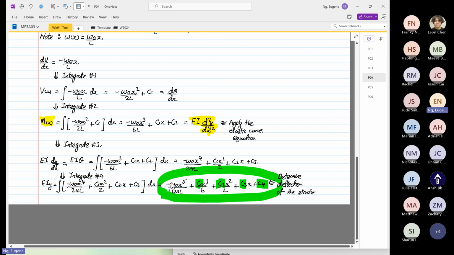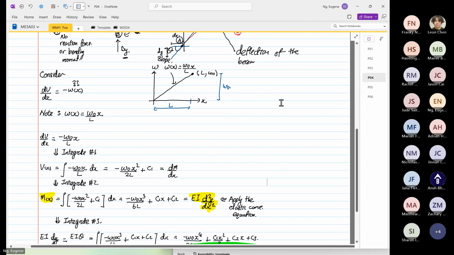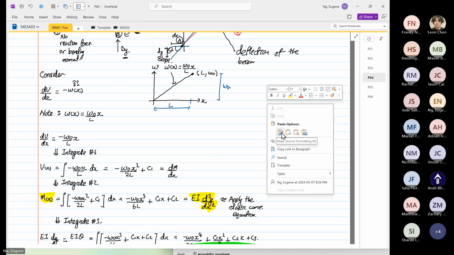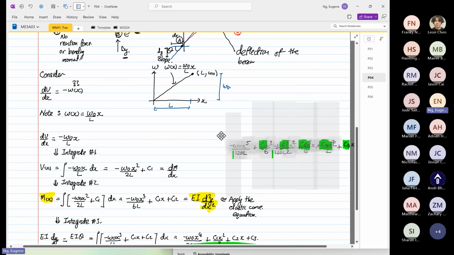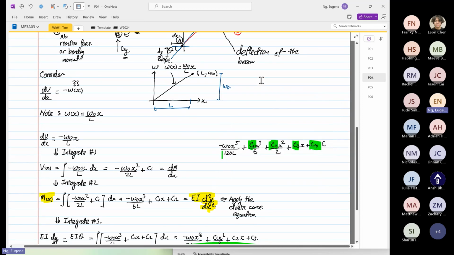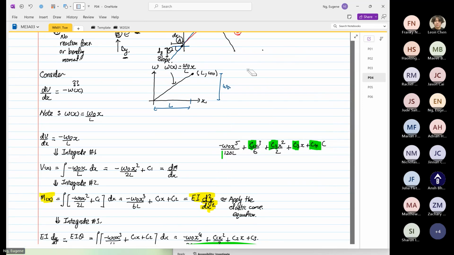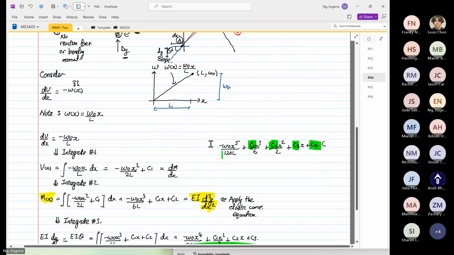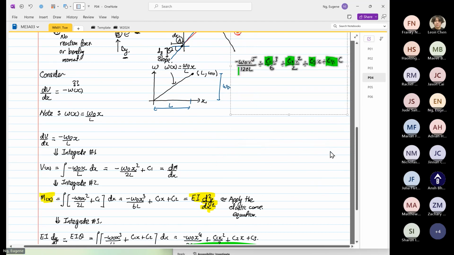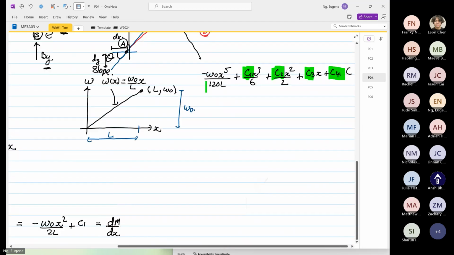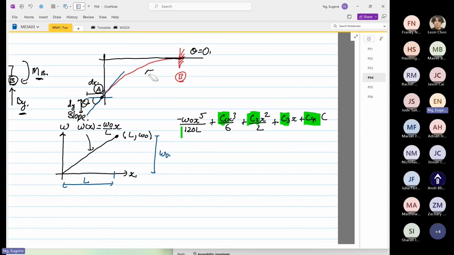So I'm going to copy this expression, bring it up here, right? And I'm going to clear this off. This is the expression, right, this curve over here.